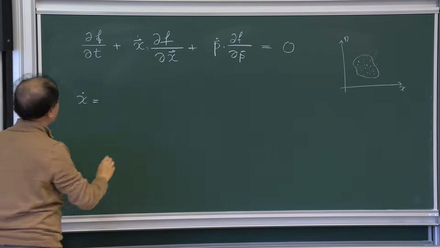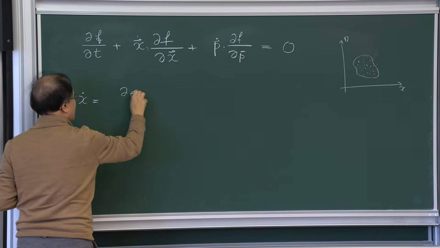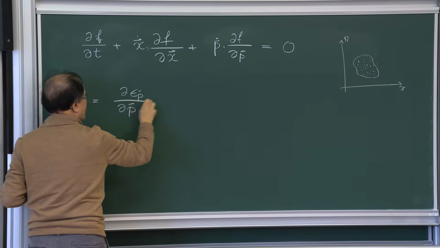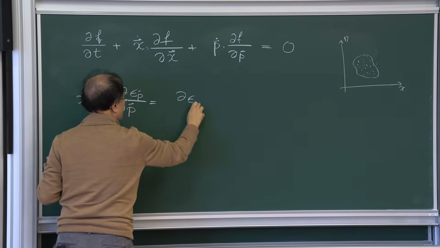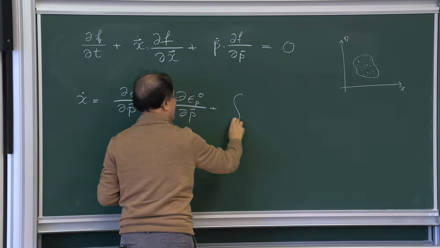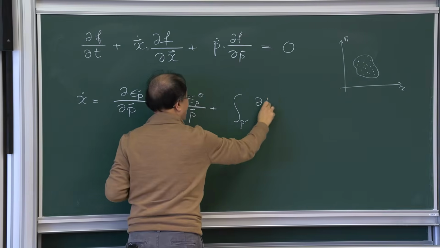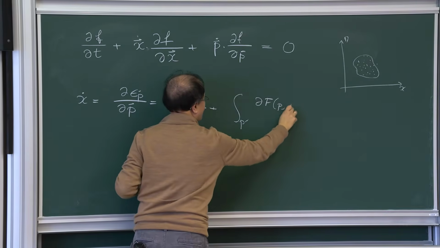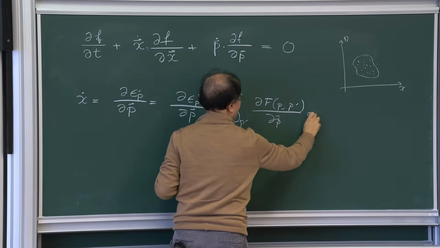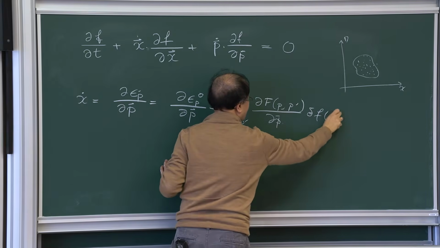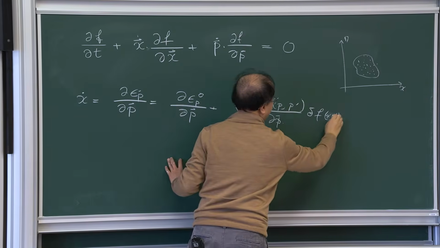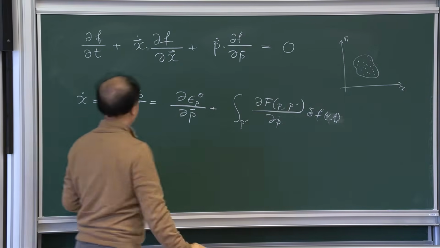x dot equals the derivative of epsilon with respect to p, epsilon p divided by p. Again, it's epsilon 0 divided by p plus the integral over p prime of df p prime divided by p times delta epsilon p prime, x p prime.